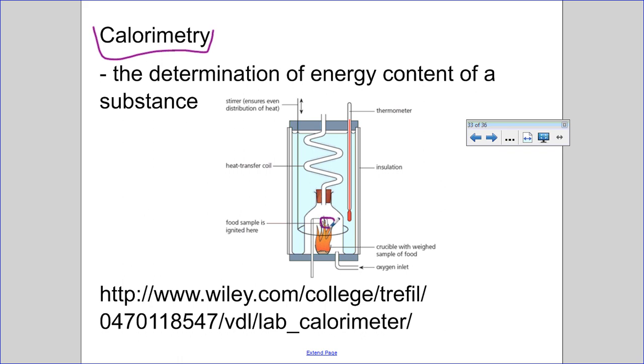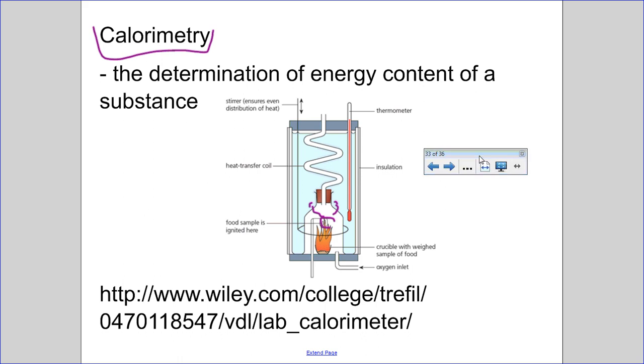That food sample is ignited and burned, and as it burns, it gives off heat. That heat causes an increase in temperature in the water, and that temperature change is measured and used to determine the energy content of a food substance.